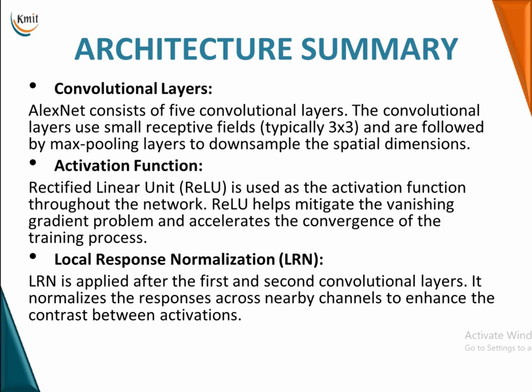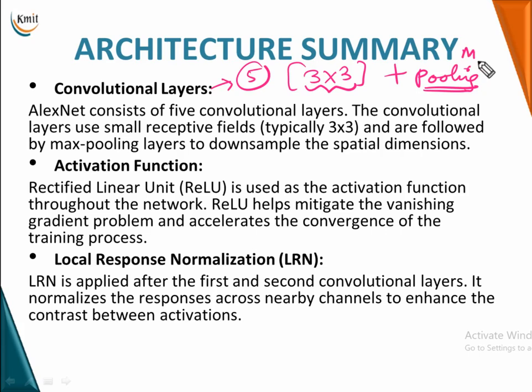So what is the AlexNet architecture? In the architecture summary, obviously the first one is a typical convolution layer. AlexNet used 5 convolutional layers, which all had smaller receptive fields, meaning the kernel sizes were smaller, such as 3 by 3, and they were followed by a downsampling or pooling layer. The type of pooling used was max pooling.